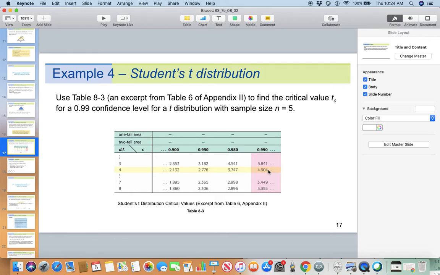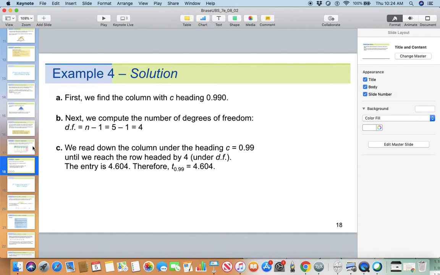You find the column with C equals 0.99, compute degrees of freedom, that is n minus 1, and read down the column with heading C equals 0.99 until you reach the row headed by 4. The entry is 4.604. Therefore, Tc for that C value is 4.604.